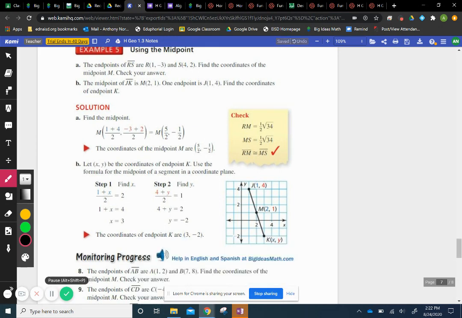Give me a sec. What they're doing here is applying the distance formula to RM, to double check their answer.